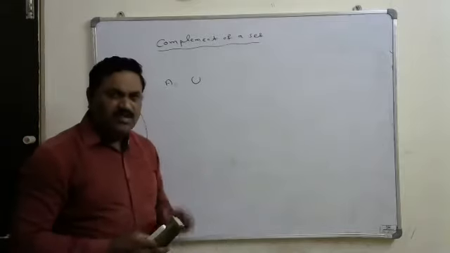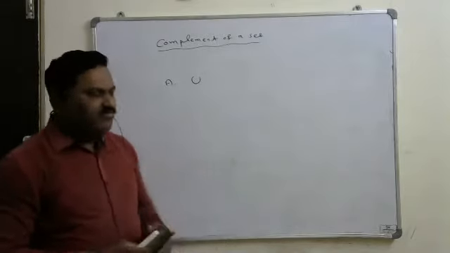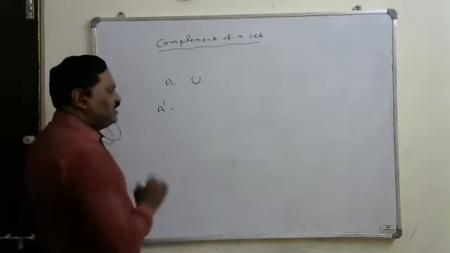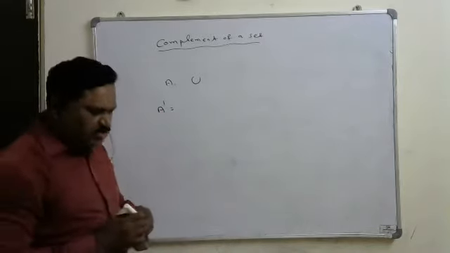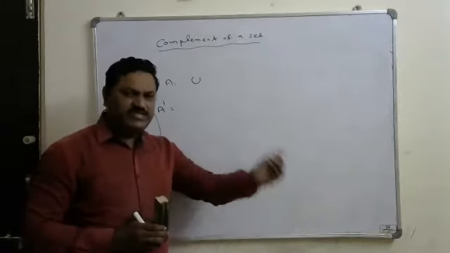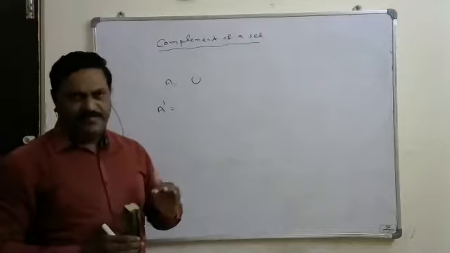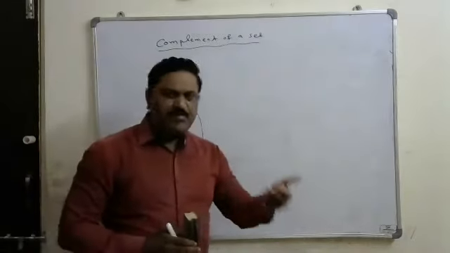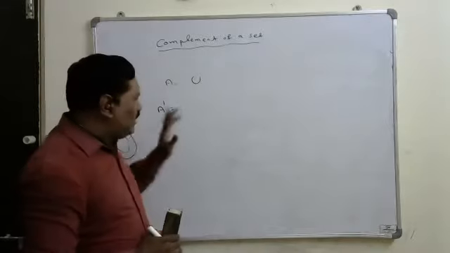Let us represent the complement of A by A dash. A dash represents those elements which are available in the universal set but not in A. So that is called the A complement.